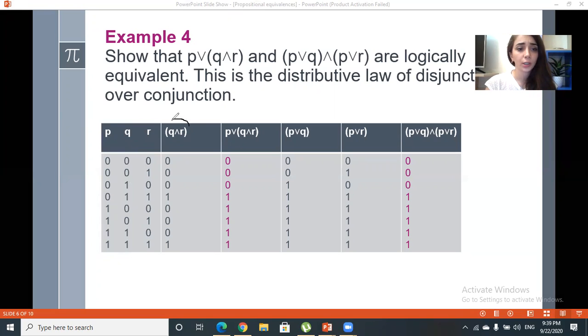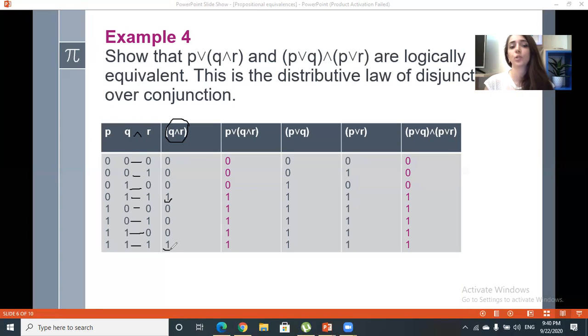Here is the conjunction between Q and R. We want to find the conjunction. 0, 0 is 0. 0, 1 also 0. 1, 1, the conjunction between 1 and 1 is 1. You see here, again 0, 0 is 0, and the conjunction between 1, 1 is again 1.